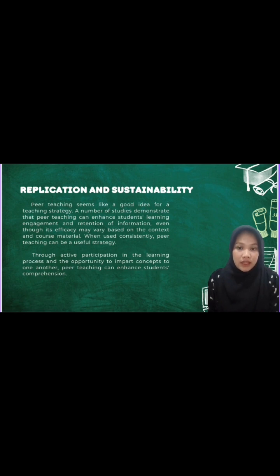A number of studies demonstrate that peer teaching can enhance students' learning, engagement, and retention of information, even though its efficacy may vary based on the context and course material. When used consistently, peer teaching can be a useful strategy. Through active participation in the learning process and the opportunity to impart concepts to one another, peer teaching can enhance students' comprehension.